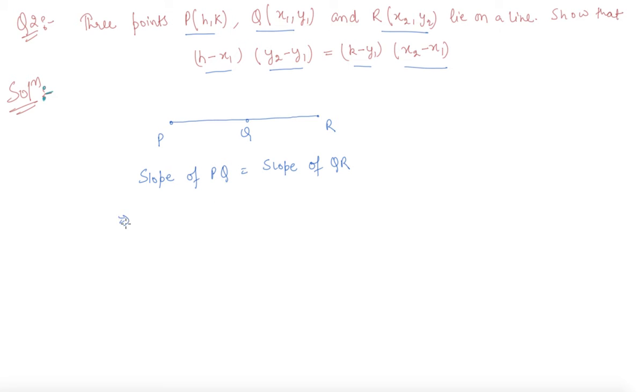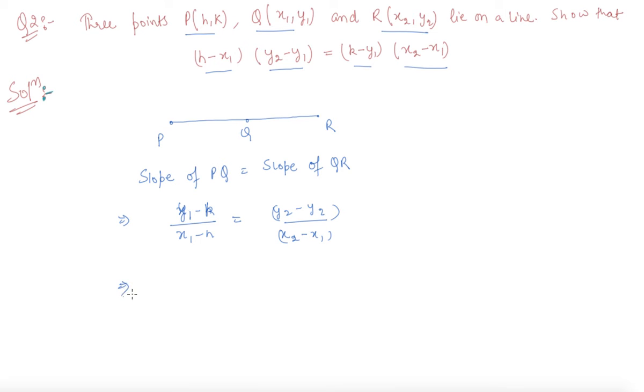Okay, so now the slope of PQ is (y1 minus k) upon (h1 minus h), which is equal to (y2 minus y1) upon (h2 minus h1).